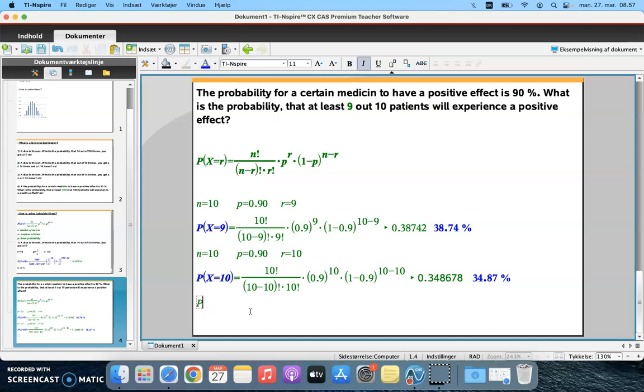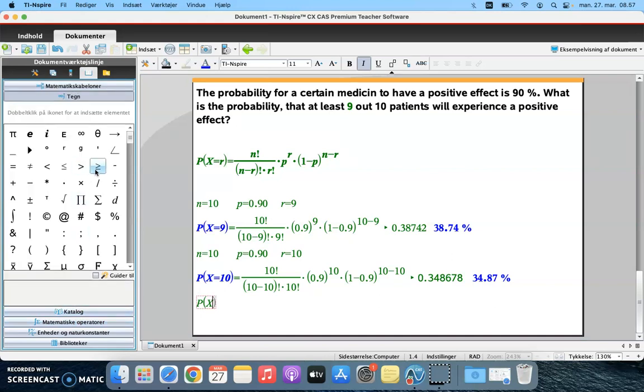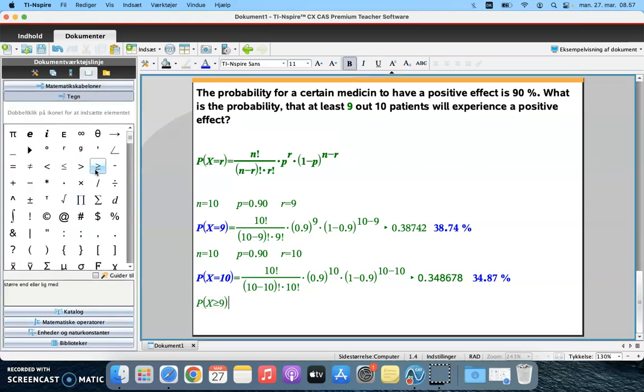So the probability that at least 9 will experience a positive effect means these two added together. So we have P of X equals 9 plus P of X equals 10. And we have calculated them right here.